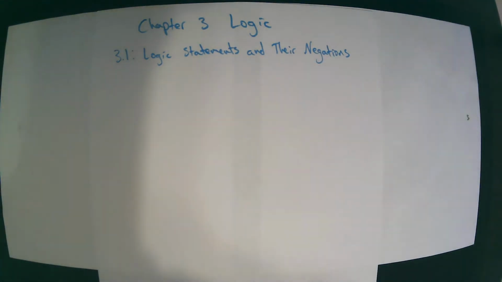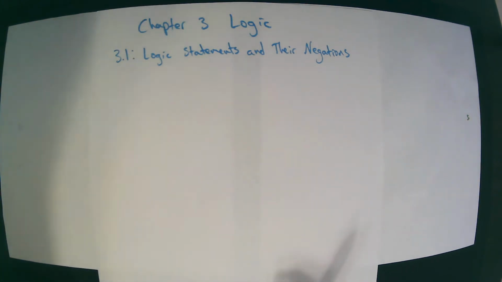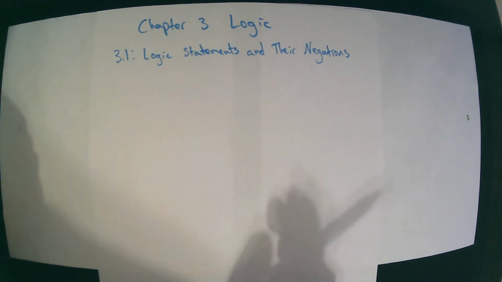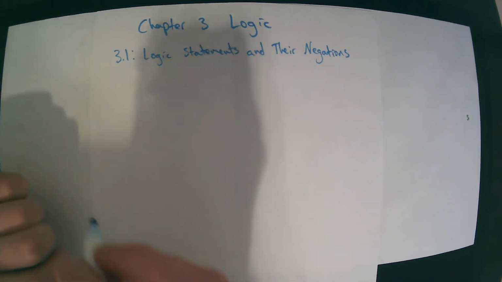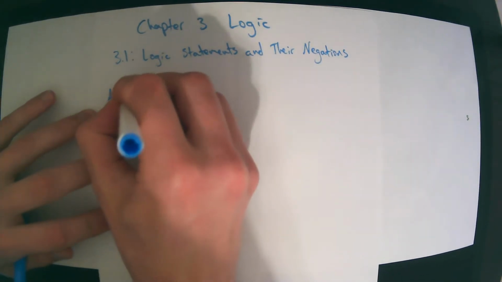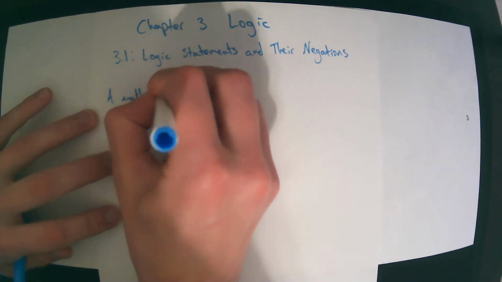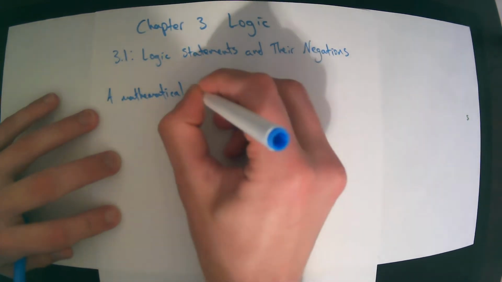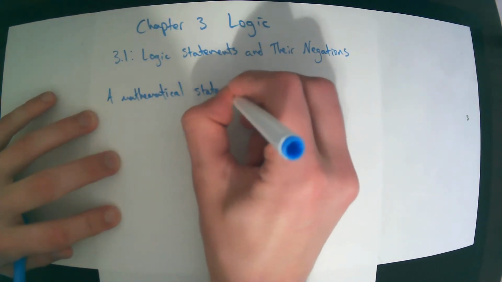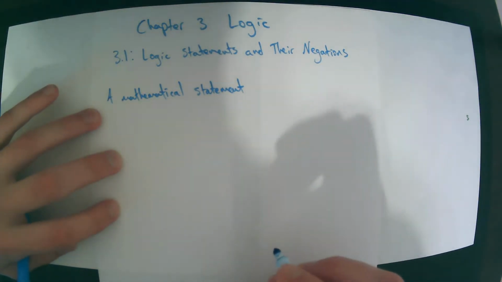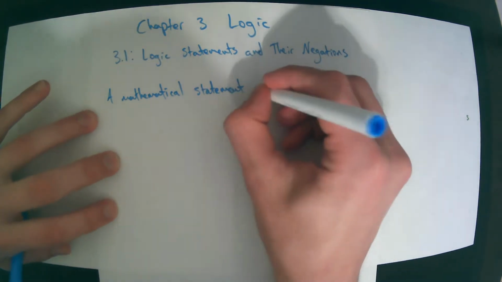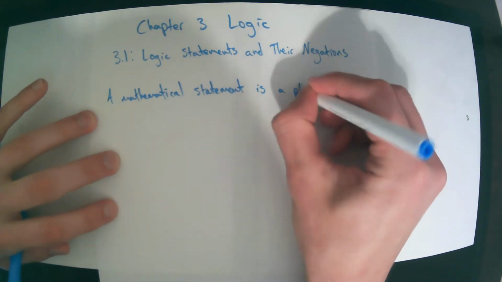So the first item is a definition in this section. If you're following along in the notes, you'll see that it's a mathematical statement. So a mathematical statement is a phrase that can be assigned a truth value of true or false. Okay, simple enough.